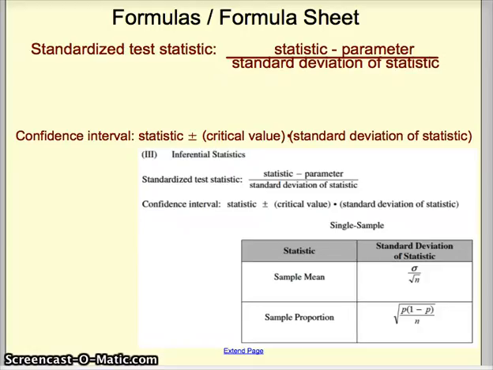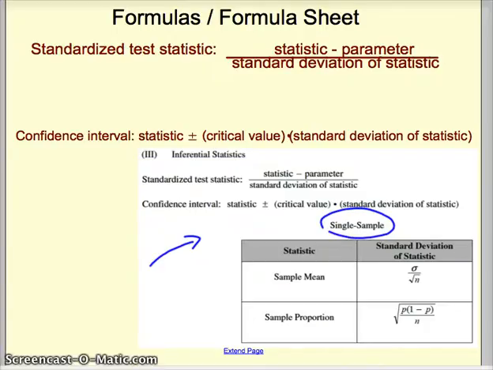Now, this is an introduction to what you see on the formula sheet, and what you see down here at the bottom of the sheet is how the formulas are presented to you on the formula sheet. So we're using test statistics and confidence intervals for single sample or one sample data, and you need to get used to the idea, should you need it, about how the formulas are presented to you.